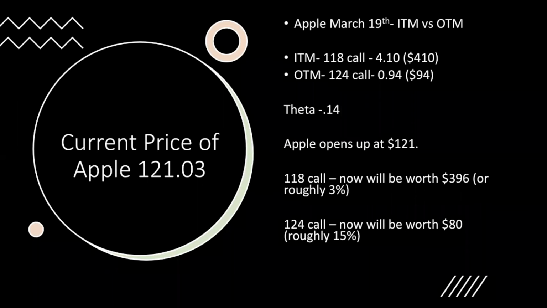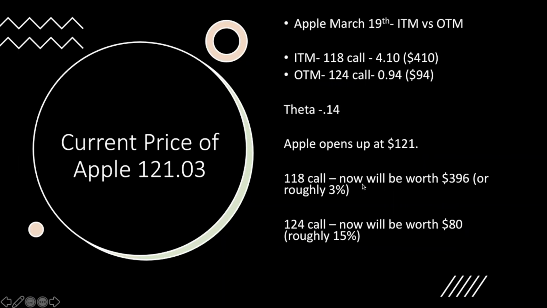So again, if you remember from the last video, theta is how much your contract decays overnight if Apple opens up at the same price. So in this example, Apple opens up at $121 again, at the current price. With theta, you're going to lose $14 on the contract, right? So we're looking at the 118 call.